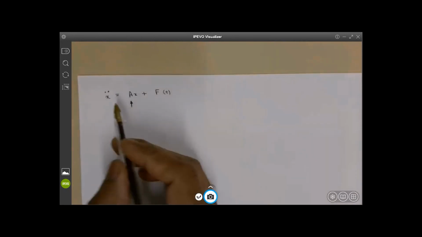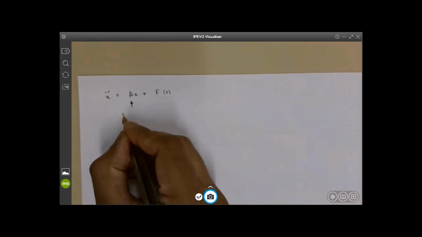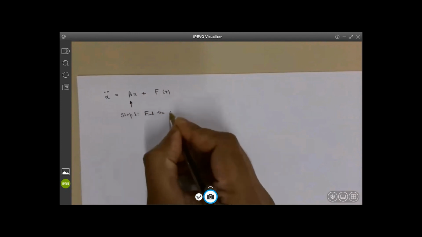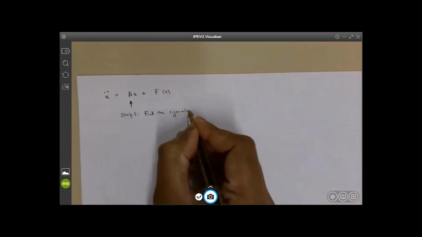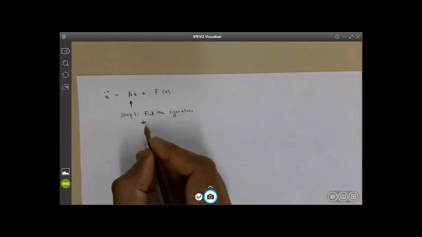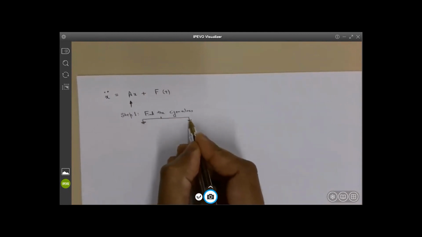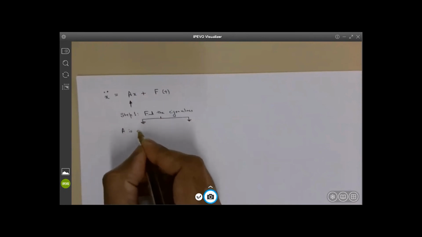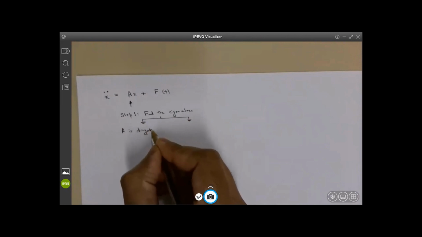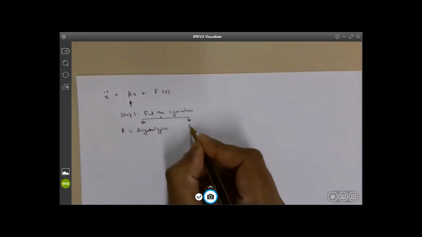So if this matrix A is diagonalizable, step 1 is to find the eigenvalues. And that will lead to two cases: A is diagonalizable, and A is defective.